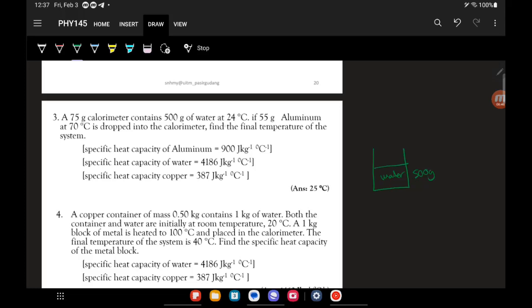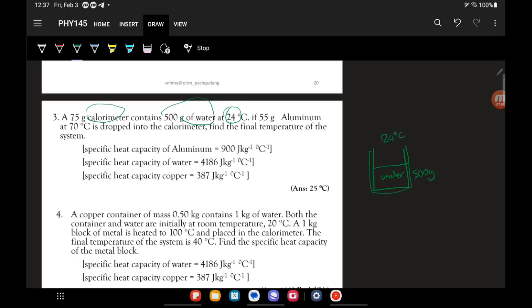It said that the calorimeter and water are at 24 degrees Celsius. It means that the calorimeter, the container, and the water, both of them are at 24 degrees Celsius, so both of them have already reached thermal equilibrium, which means there will be no net heat transfer.